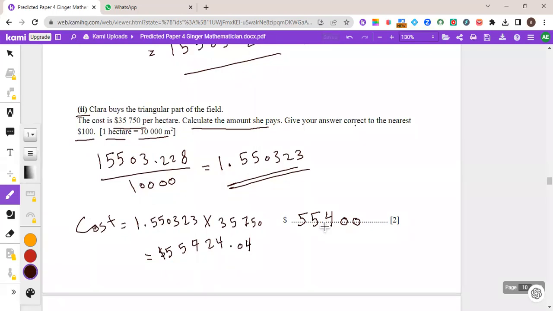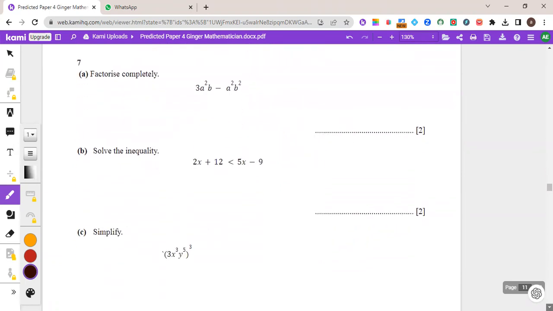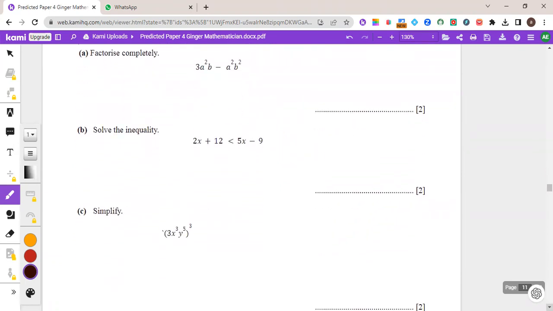Okay. Now question 7. Question 7, guys. Come on Ahmed Wael. Factorize completely. Question 7a.